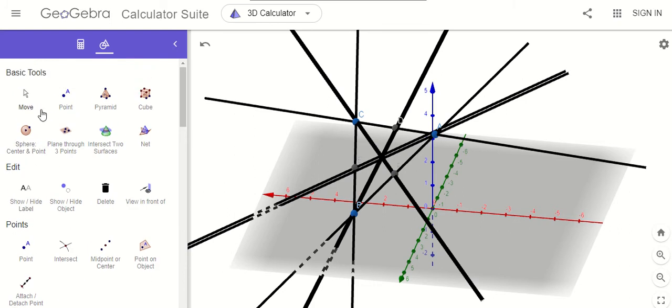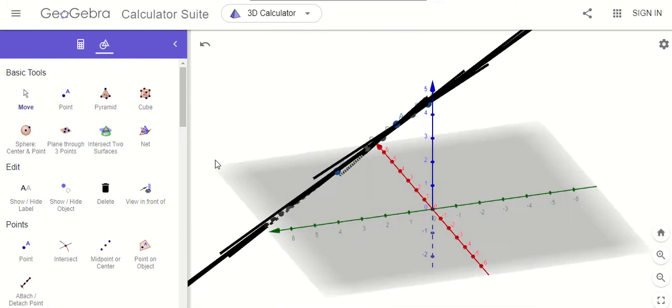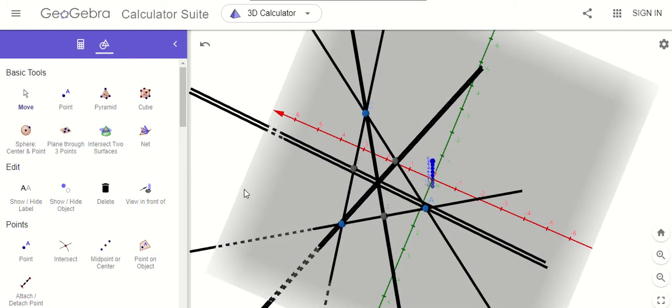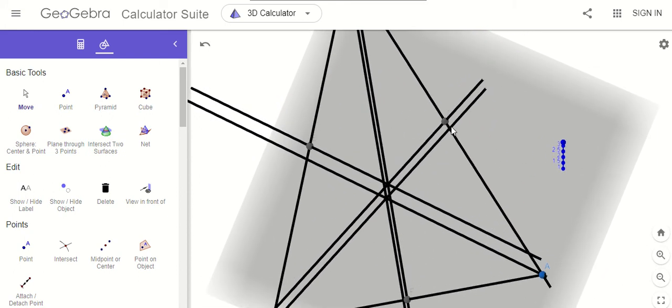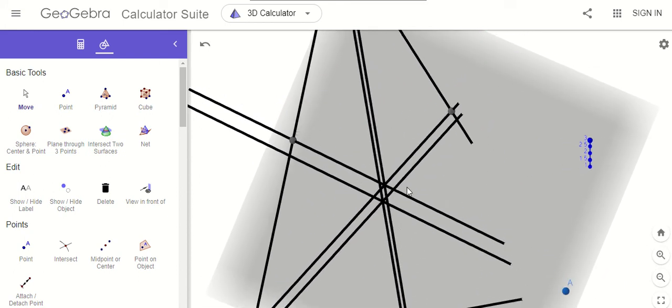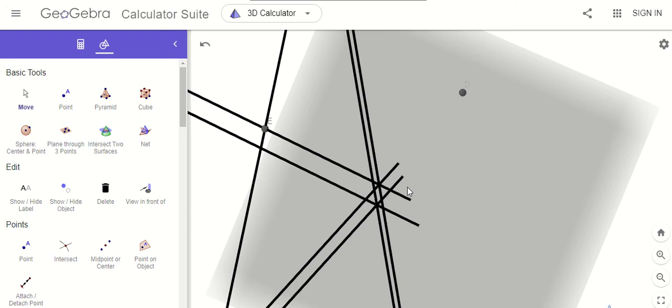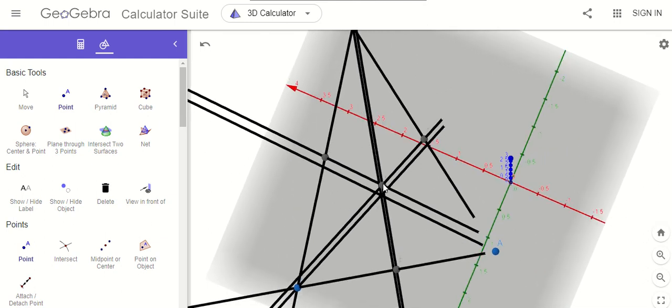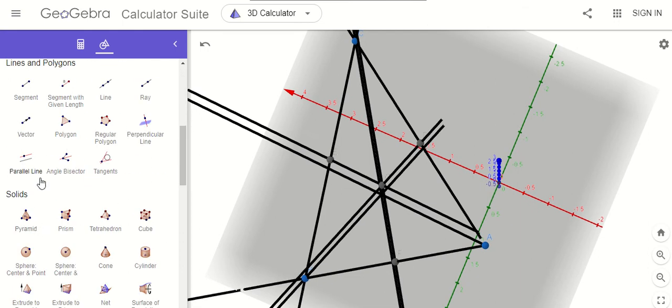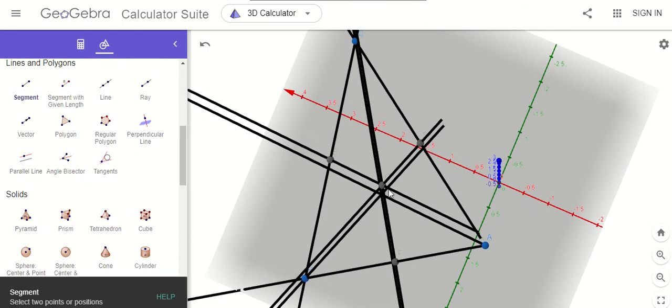Now, after we do this, we can find the center of the three lines from the bisectors in here. That should be this point. So after we find the center of the triangle in here, we can use segments.